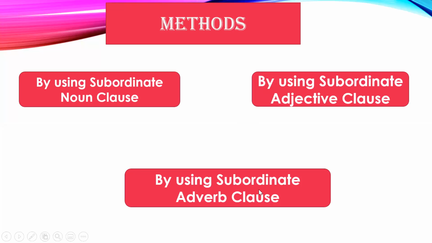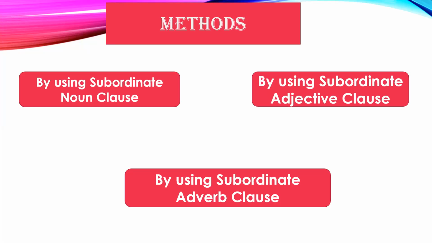And then the third method is by using subordinate adverb clauses, and you had done several adverb clauses. If you remember, adverb clause of time, place, purpose, reason. Reason was because, since, as; place was where. Adverb clause of condition is if. Adverb clause of purpose is so that.